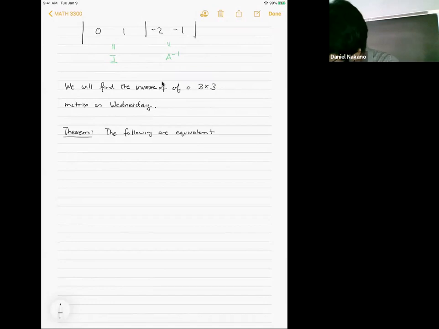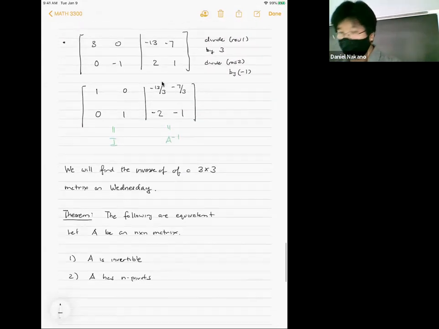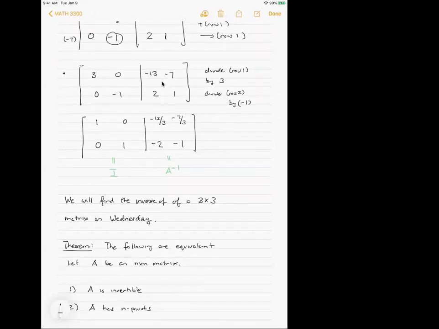Let A be an n by n matrix. The first statement is A is invertible. Okay, so A has n pivots. This process actually tells you when a matrix is invertible: you need n pivots in this Gaussian elimination process.